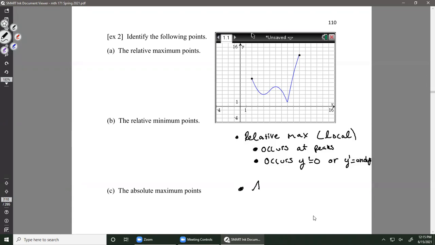Now, if we talk about absolute max or mins, it occurs at the highest point on the graph.